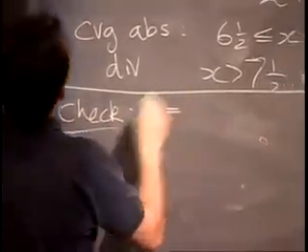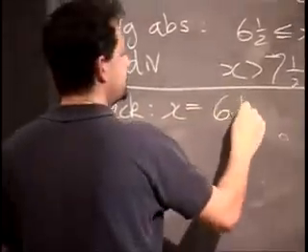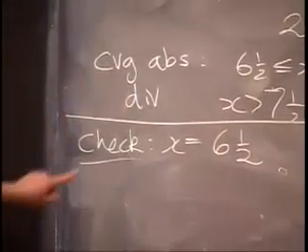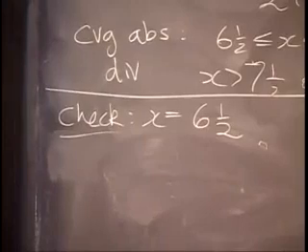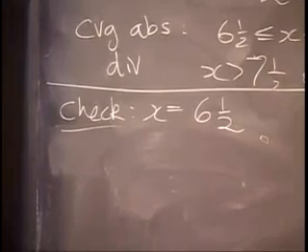So let's check x equals, say, 6.5. We've got to go back to our original series, which is sitting right at the top of the board there, and plug in x equals 6.5.